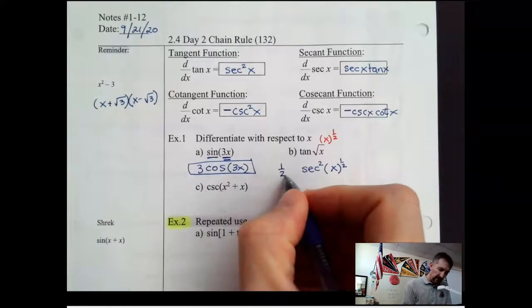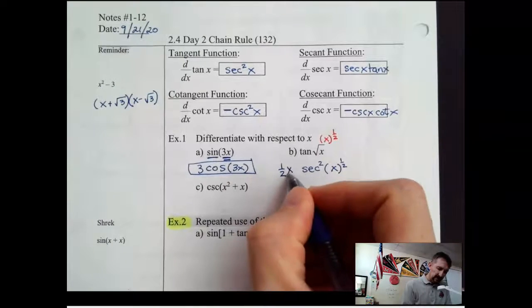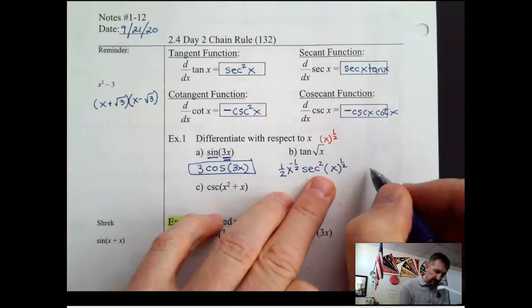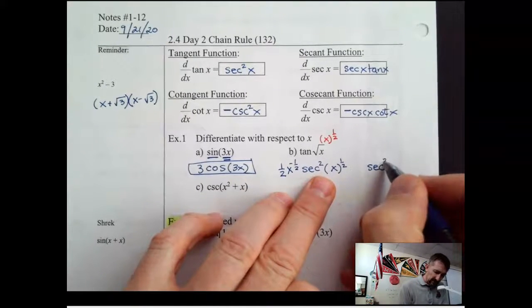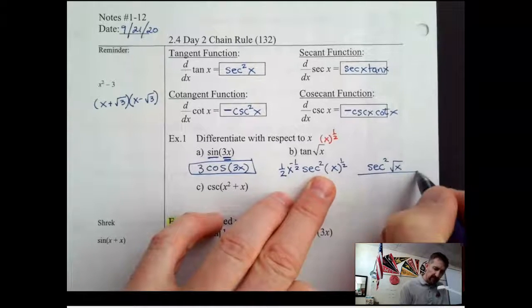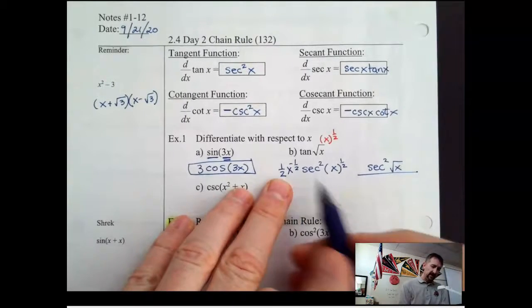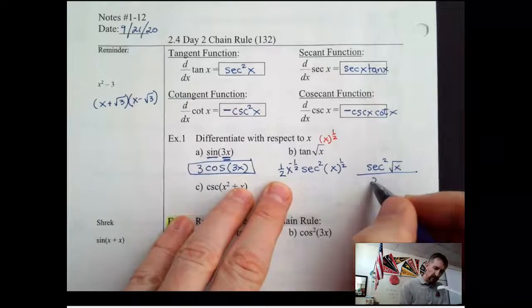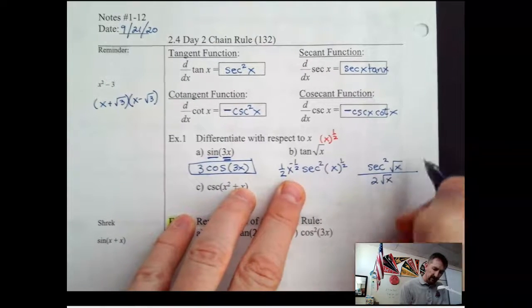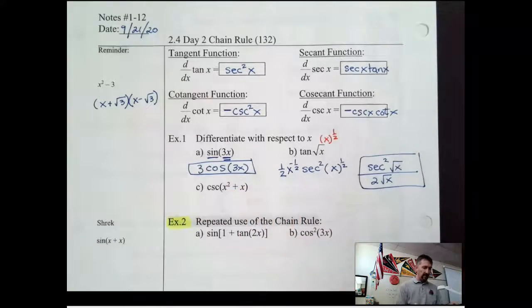That's going to be 1/2 x to the negative 1/2. So that is going to be secant squared. I'm going to switch that back to a square root instead of x to the 1/2 power. Down in the denominator I have a 2, and because it's a negative exponent, the square root drops down as well.